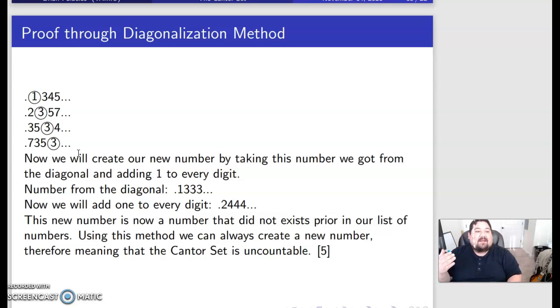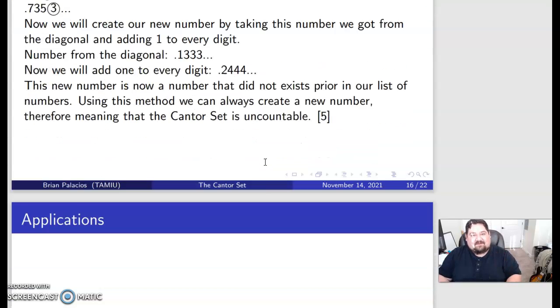Therefore, this infinity that we're using, the Cantor set infinity, is actually outgrowing or beating the natural numbers infinity, not by 1, but it's always being bigger than it. That's how we know that the Cantor set is uncountable through this method.